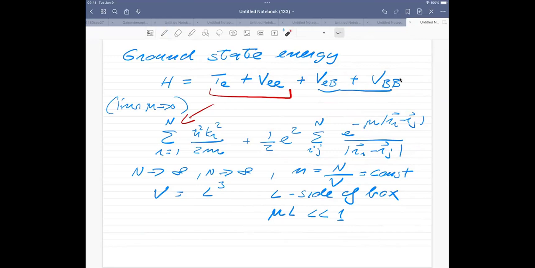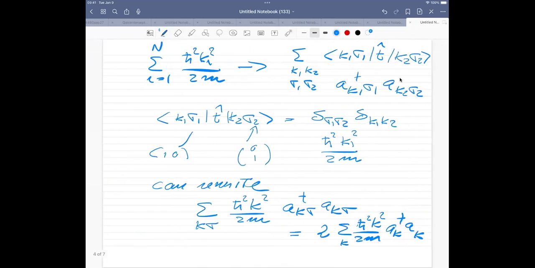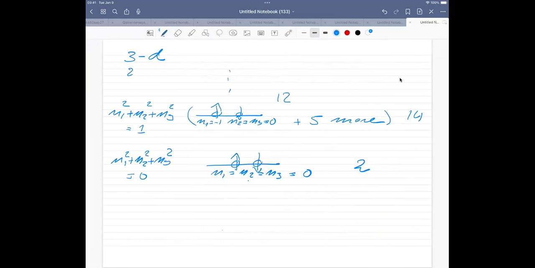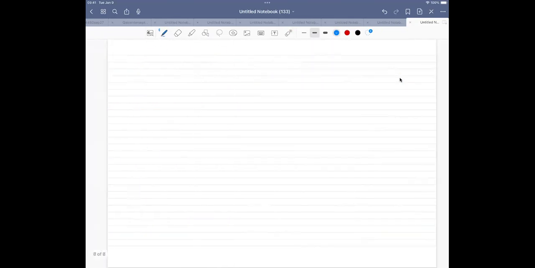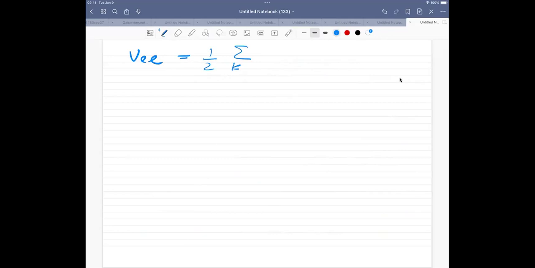So let's take a closer look at what this one looks like in second quantization. The electron-electron piece in second quantization is going to be given by 1/2, and then I have a sum over k1, and again, I'm going to skip the vector signs, k4, and then sigma 1, sigma 2, sigma 3, and sigma 4.